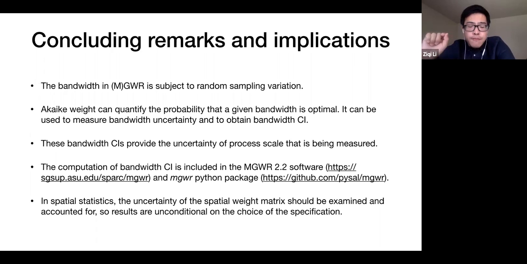However, in many spatial statistical models or measures, we only consider one specification of the spatial weight matrix. This study helps us understand how we can incorporate different specifications of those spatial weight matrices, so that our results are unconditional on the choice of specification, and will be more robust.